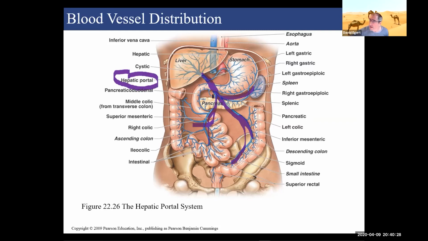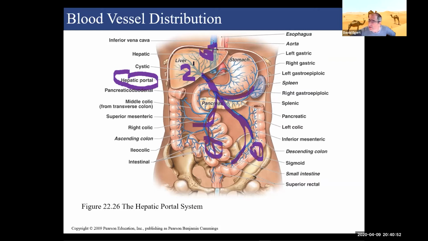And again, the hepatic portal vein does not go back to the heart. It goes to the capillary bed number 2 in the liver where the nutrients get processed. And then finally, the hepatic vein is going to drain back into the vena cava. So the first capillary bed is in the digestive organs, where you're picking up nutrients.